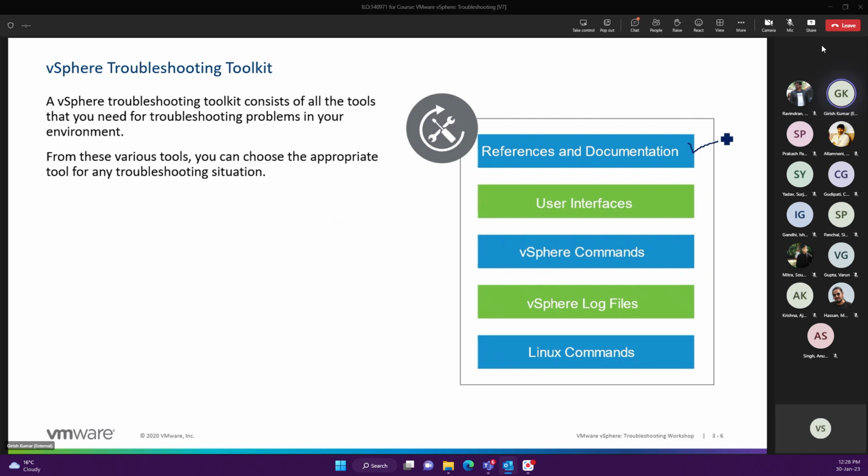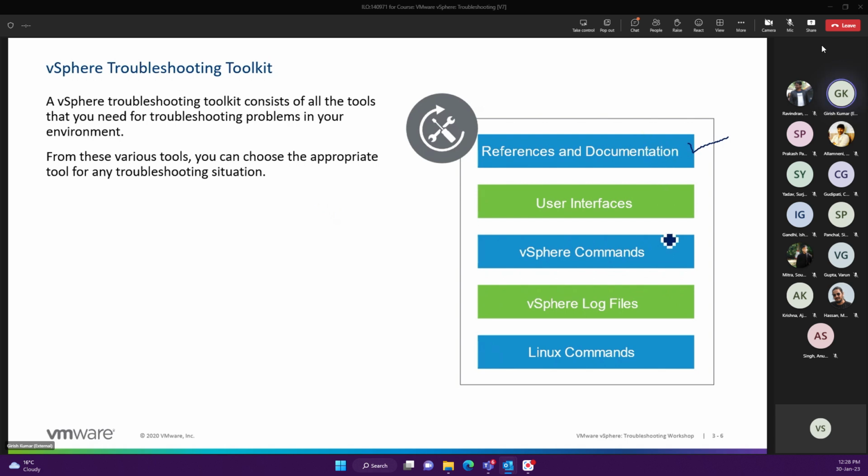Or you can use a simple Google search, release notes vSphere 7. It will automatically give you the first or second link. From here you can start reading, and you might find your problem there.